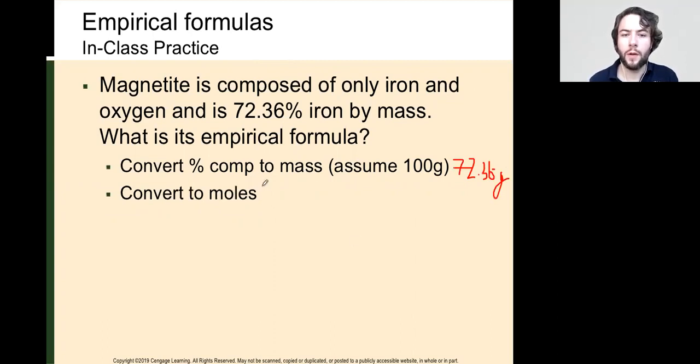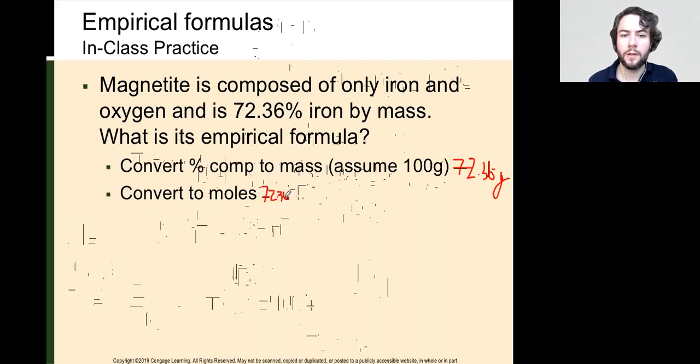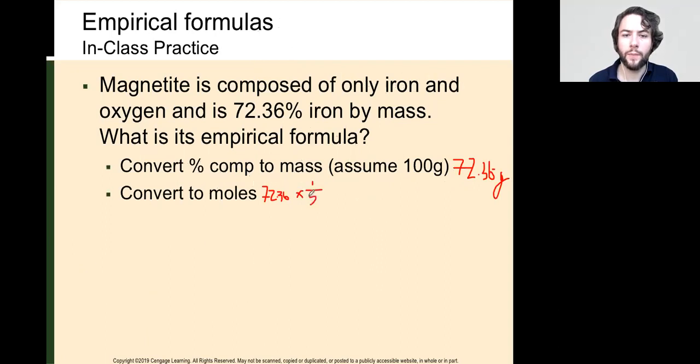So that will be 72.36 times 1 over, what did we say earlier? 56 was the relative atomic mass of iron.